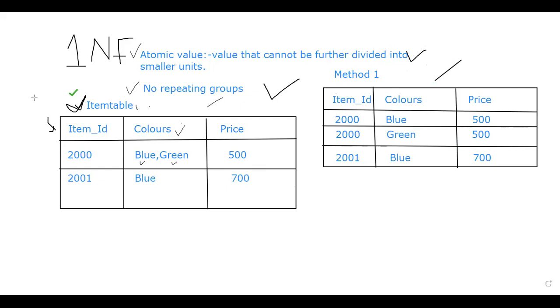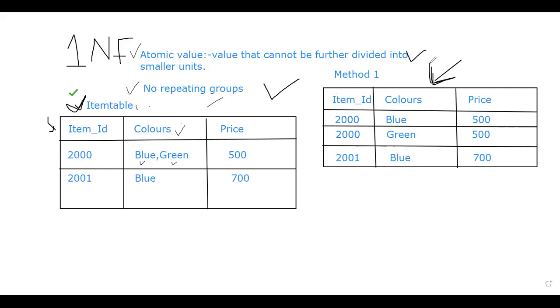Once you look at this method one, you can see that, now look at this table, the method one. Now do we have atomic value?